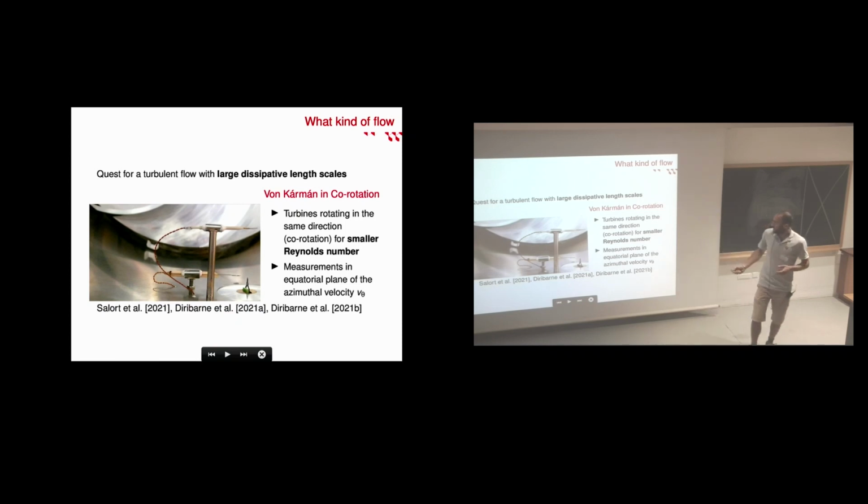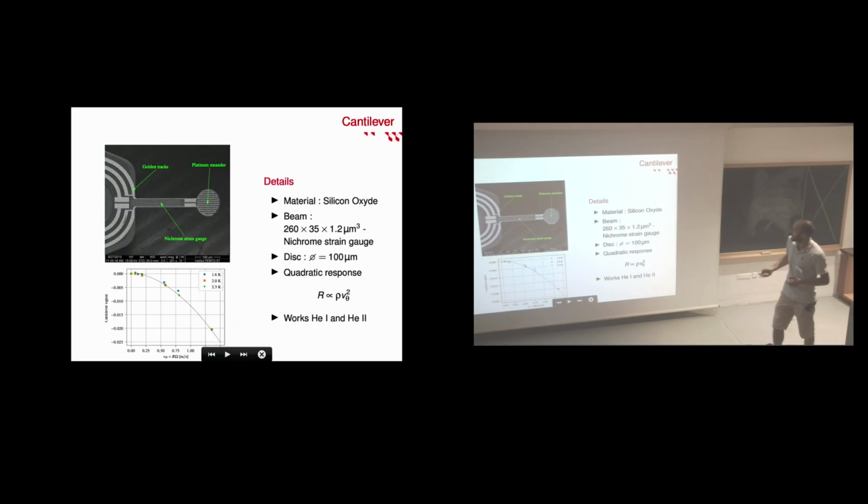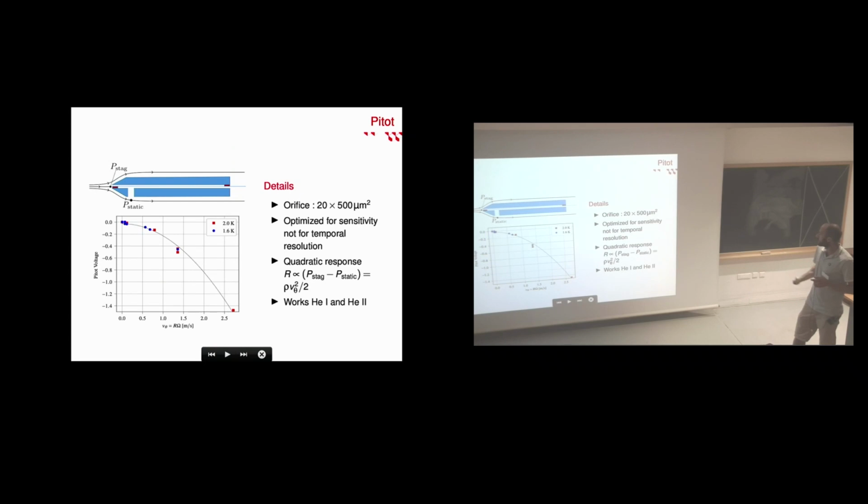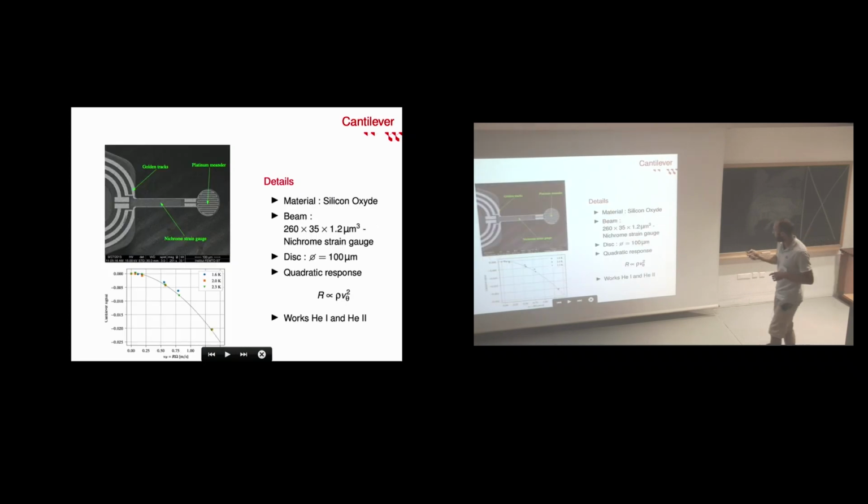So now let's come to a bit of details about those sensors. So as I said, there is a cantilever. The principle is, it's a micro-machined device. It's micro-machined on a silicon oxide wafer, and you have a 300 meters long beam here, at the tip of which you have a disk of 100 micron.